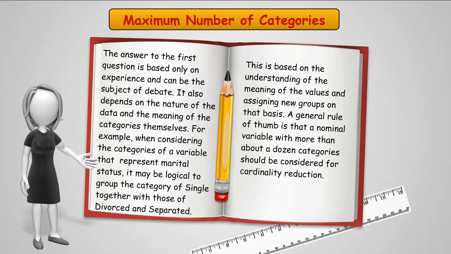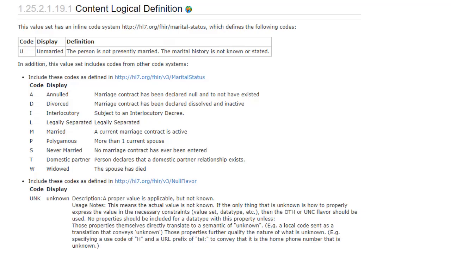Let's look at an example of a case where clearly you're going to have more than you want to deal with sometimes. So I went to the internet and I pulled just a sample of values for marital status. And this is just one website.